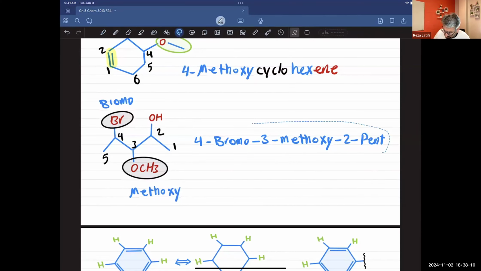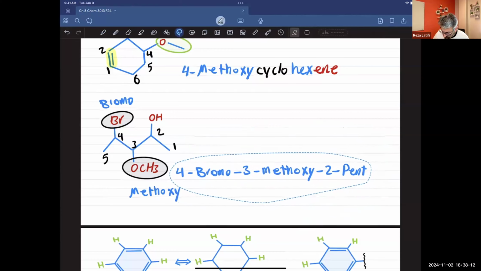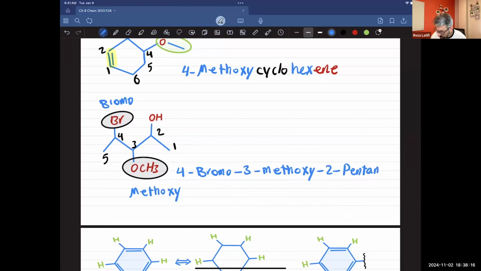Okay, let me move this one a bit here. So 2 pentanol. And so this is one way to name it. Another way is to technically move the position of the 2 between the pentane and the OL.